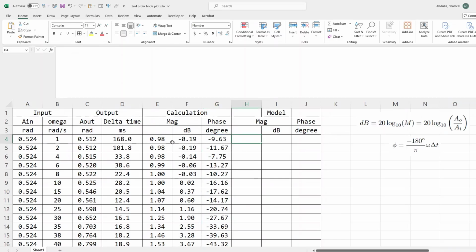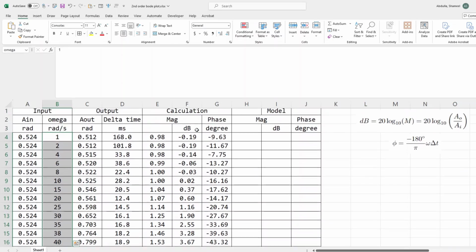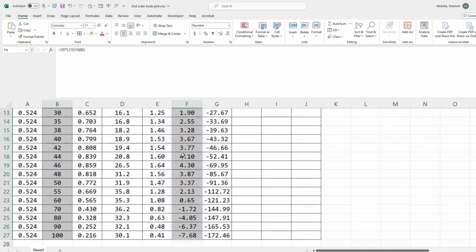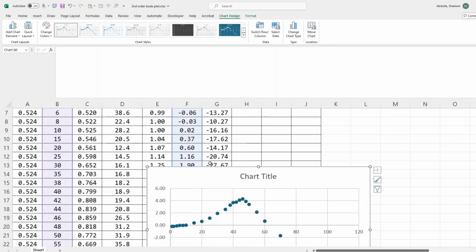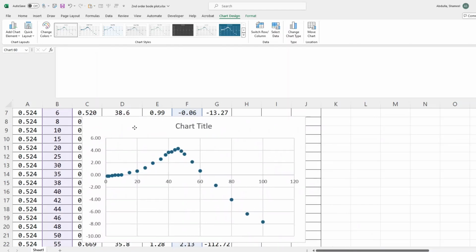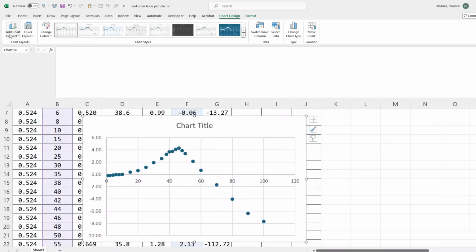And now let's make the plot. You can then insert a plot. So this is our magnitude plot. Let me change the layout to something like that.